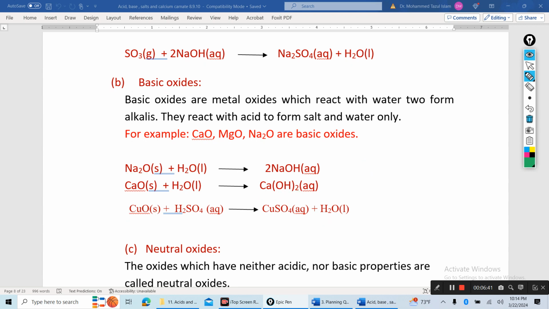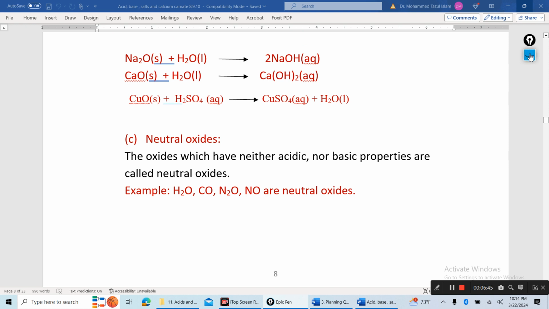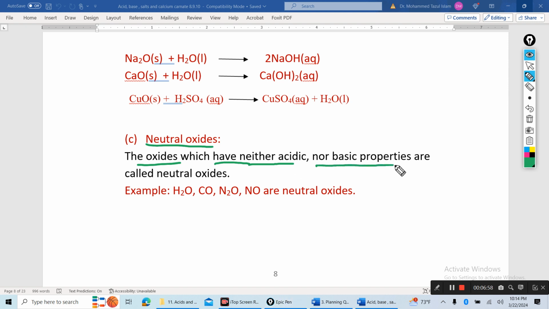Next, neutral oxide. You know neutral, the oxides which have neither acidic nor basic properties are called neutral oxide. I mean neutral oxides have no acidic properties nor basic properties, they are neutral.